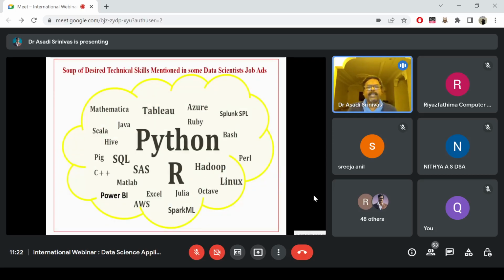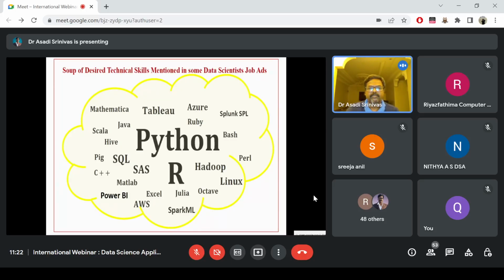And why is Python so popular? Anyone? My dear participants, why is Python so popular? Because a rich number of libraries and a rich number of packages are present in Python. That's why Python is so popular.